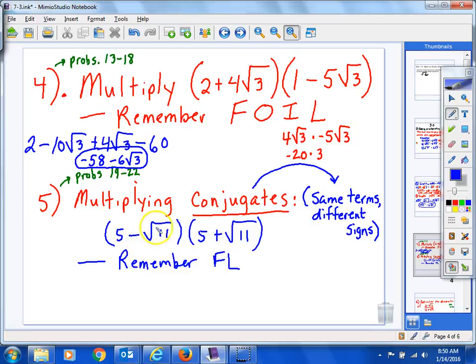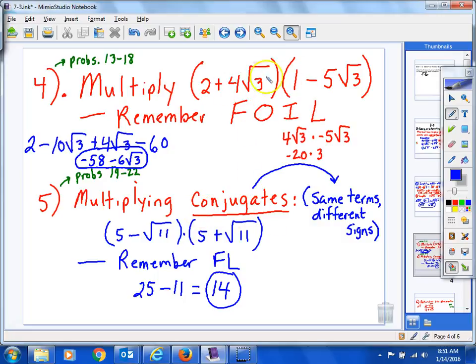So if you recognize that your binomials represent conjugates, then you can just multiply the first terms together, 5 times 5, and then multiply the last terms together, and the square root of 11 times the square root of 11 is just 11. And it's subtraction because we're multiplying a negative times a positive, which makes negative. So multiplying conjugates is really pretty easy. Now this is just for conjugates.